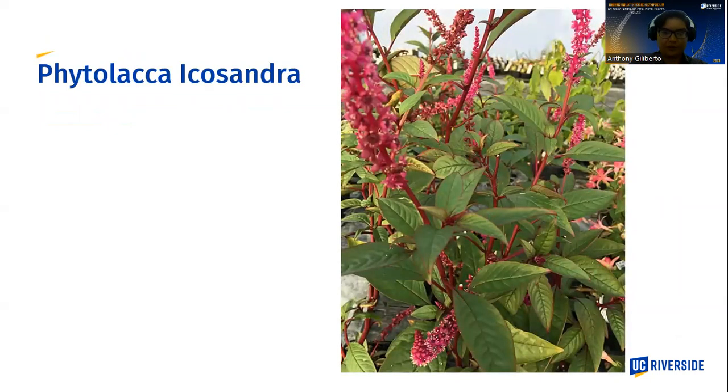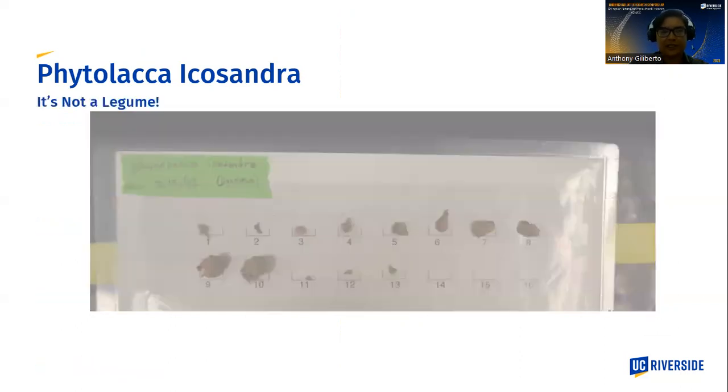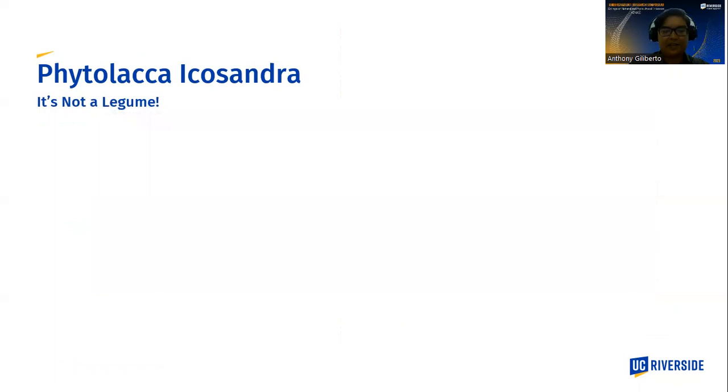So these are the growths that were on the initial sample of the root system, and they do look similar to that of legume nodules, but we're a little bit unsure. So this would be interesting if they are nodules, because Phytolacca acinosa is not a legume.